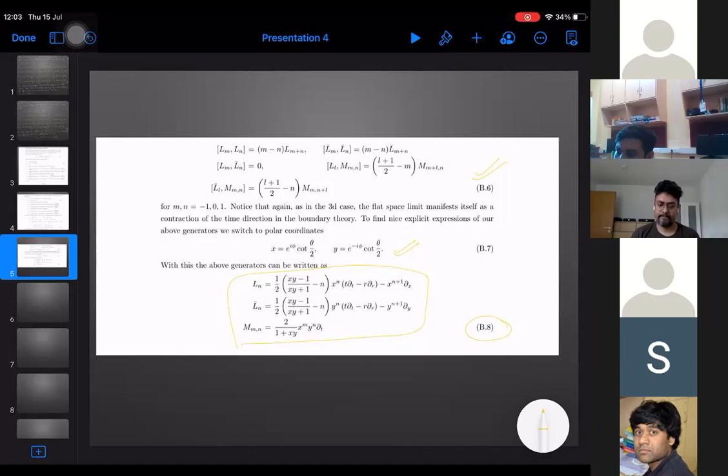I can rephrase Sudeep's question the following way also. I know I have Poincare symmetry in flat space. I just write the Poincare generators in the form of B_n, and then say I can extend it. Coming from AdS to flat just gave you this form of B_n, where I can now say that n can run over all integers. But that is not enough of an argument to say that this is the asymptotic symmetry group, right?